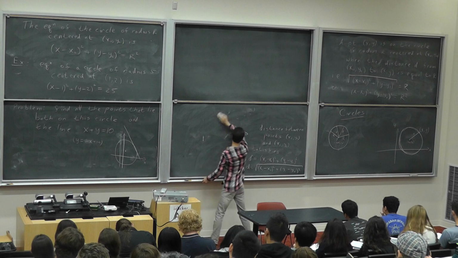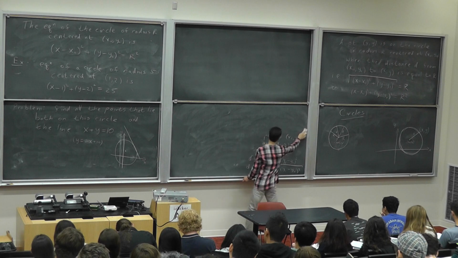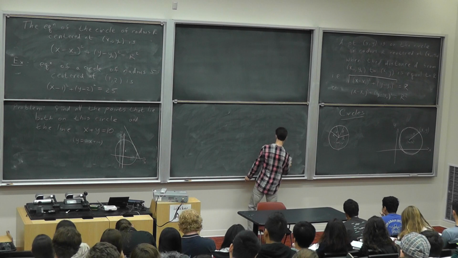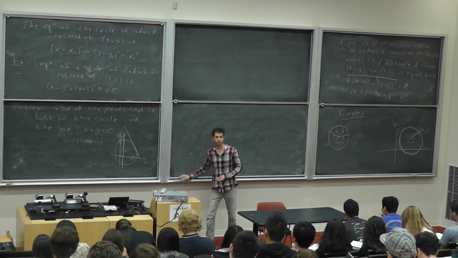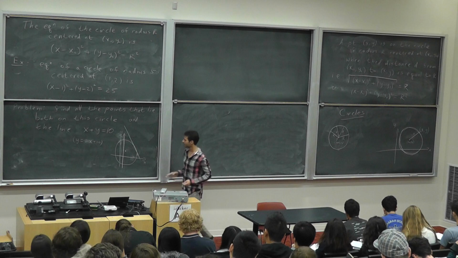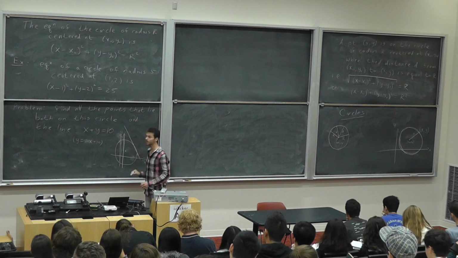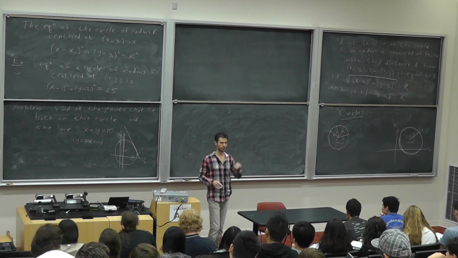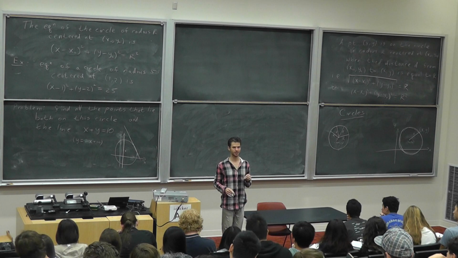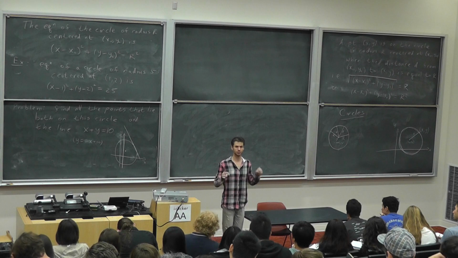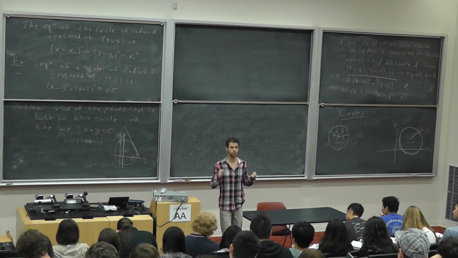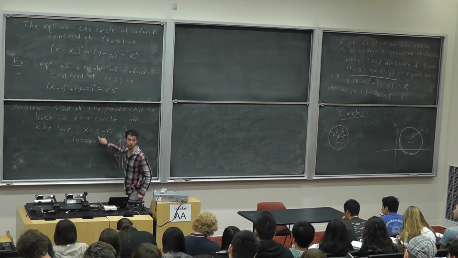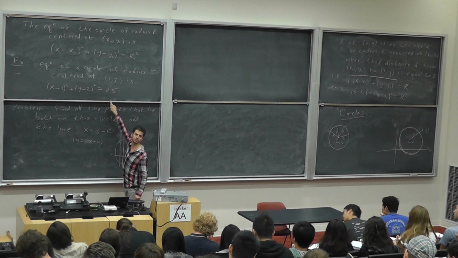So let's do this. First observation. Suppose I have a point x, y, which lies on both figures, both on the line and the circle. On the algebraic side, it means that this point x, y satisfies not just one equation, but two equations simultaneously, the equation of the line and the equation of the circle.